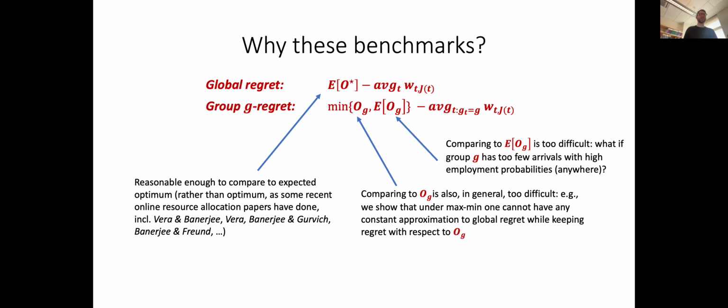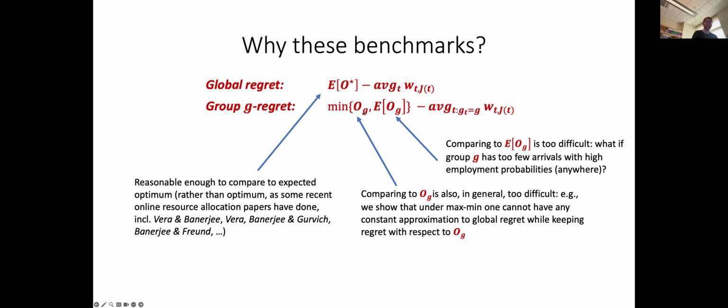What do I mean in general? That depends on the fairness rule. So under the max-min fairness rule, we find a pretty convincing impossibility result when trying to compare to this OG.